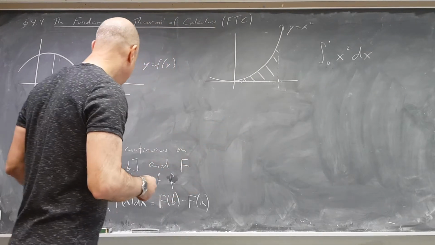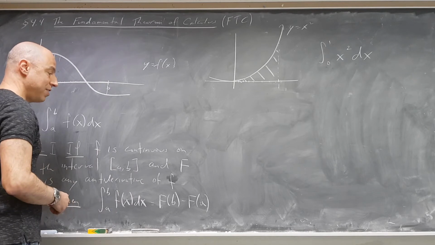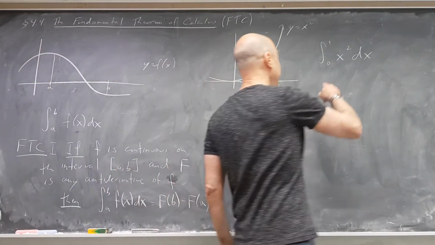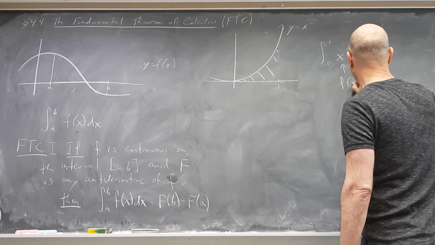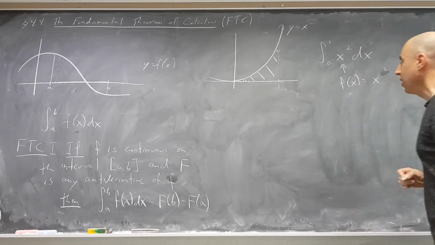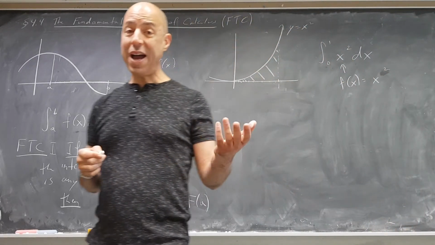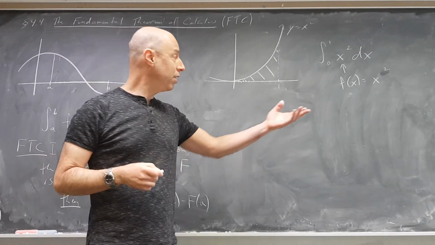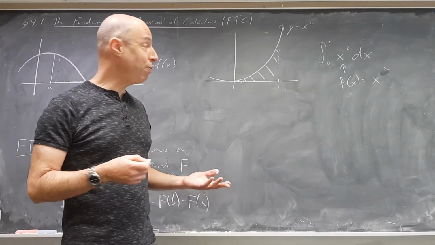Let's go ahead and see if we can use the fundamental theorem of calculus on this instead. So we're looking for an antiderivative. In this case, my f of x is x squared. That's the function we want. We're looking for an antiderivative of x squared. Well, back in section 4.1, we got very good at doing antiderivatives of functions like this. We could just use the antiderivative power rule on it.